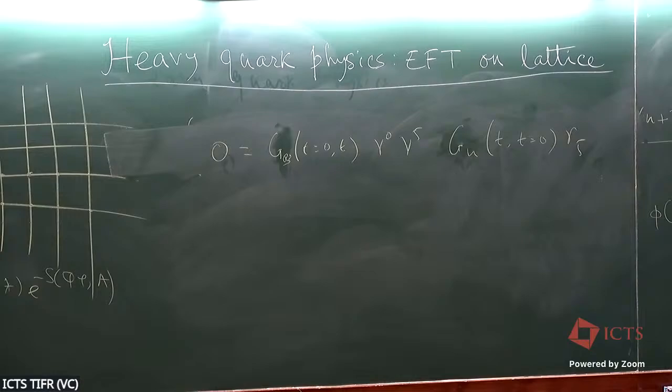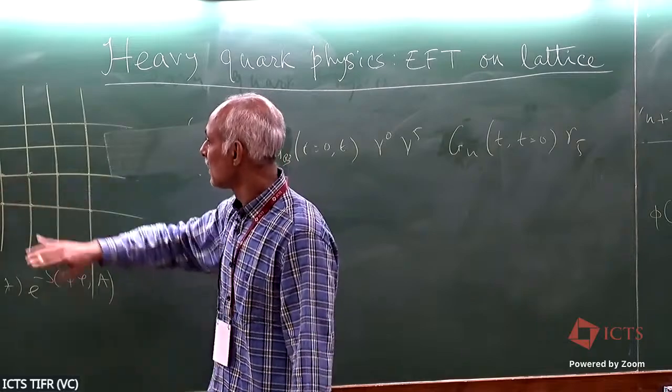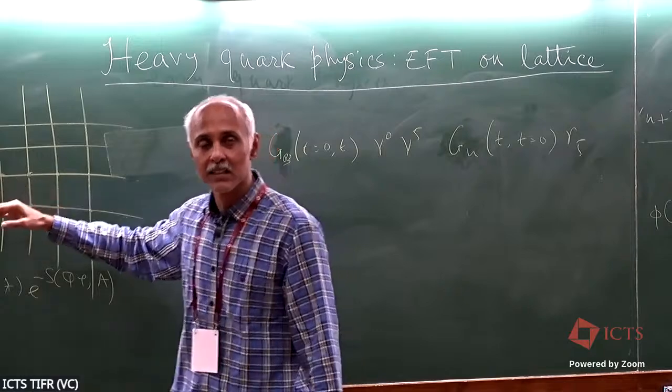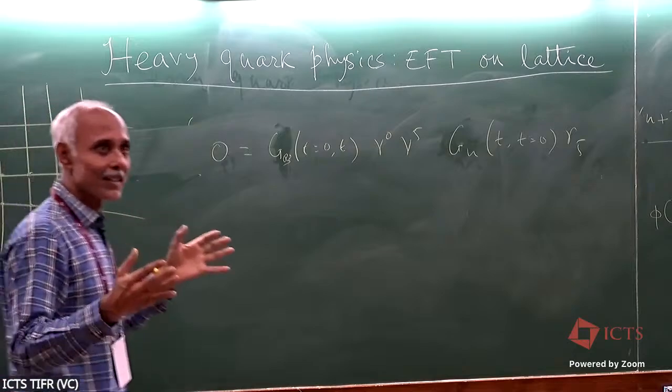So I can calculate this. Of course, I calculate this on a lattice with spacing a. What are the conditions on the lattice spacing a? It has to be much smaller than all the scales in the theory, including m_B, the mass of the B quark. And of course, that's not enough.